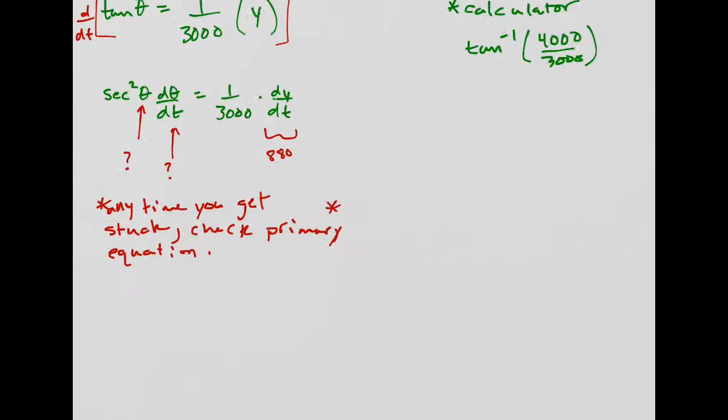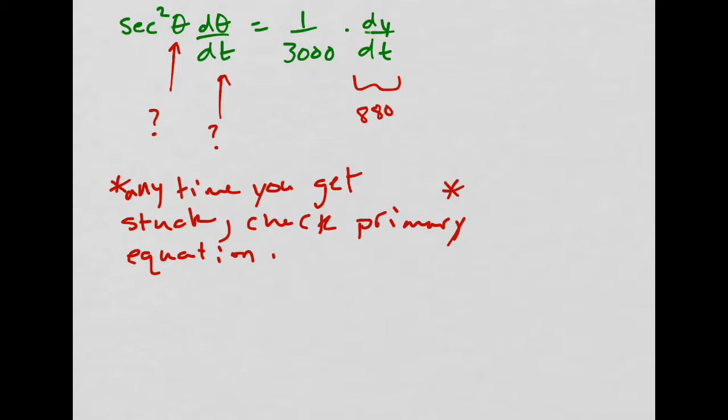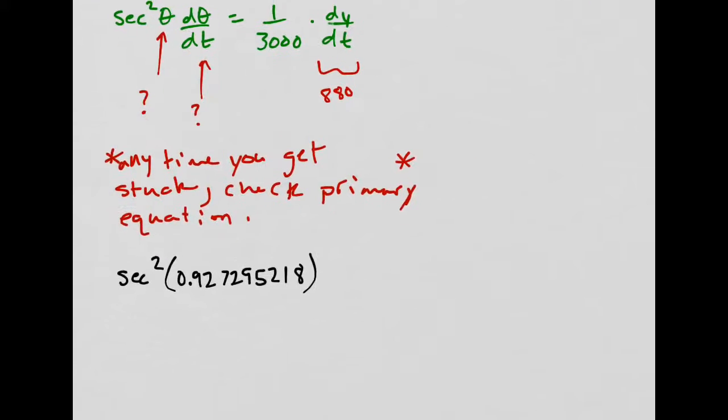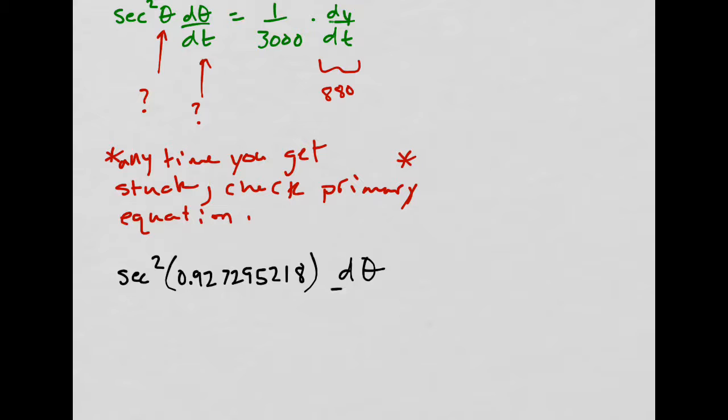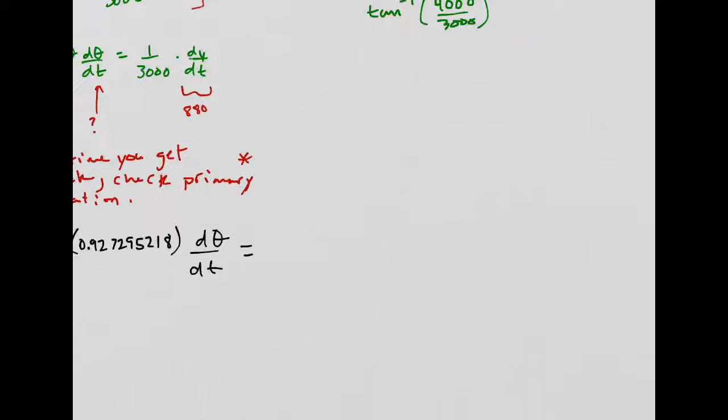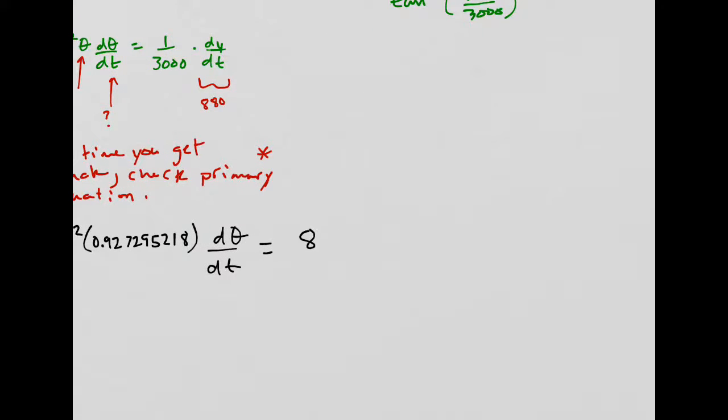Ooh, beautiful. So now we have secant squared of, I'm going to put the whole thing in, 0.927295218. I'm just looking on my calculator for that. Times d theta/dt. I don't know what that is, but I don't need to know. That'll equal 880 over 3,000.